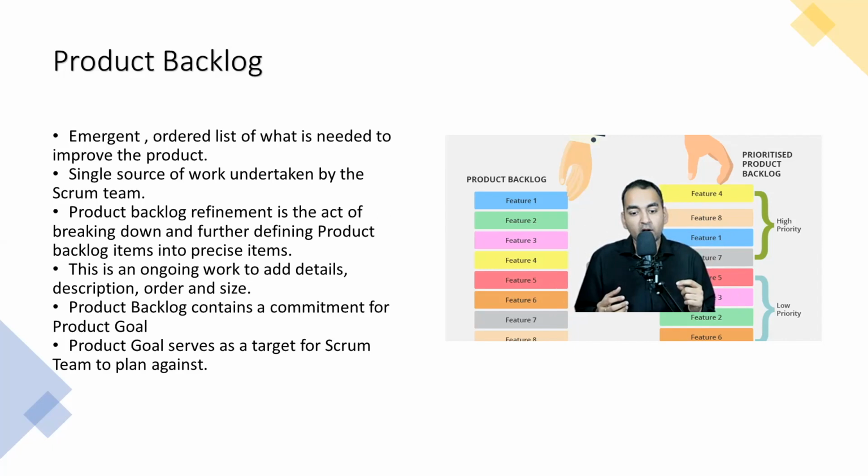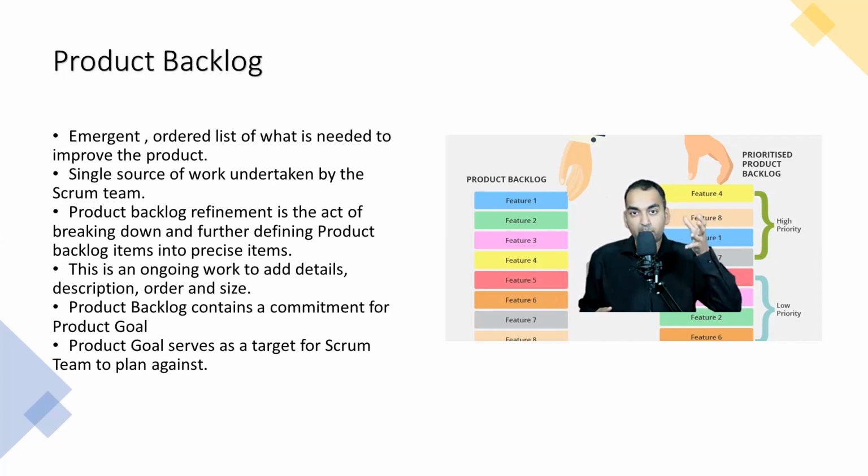Product backlog contains commitment for the product goal. Whenever the product owner is creating a product backlog, it's important that he foresees what is needed from my product, what is the goal of my product, and that should come out from the product backlog he or she is creating.